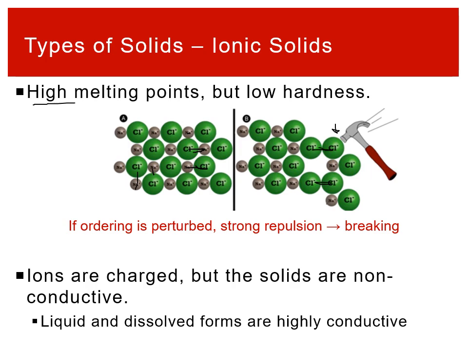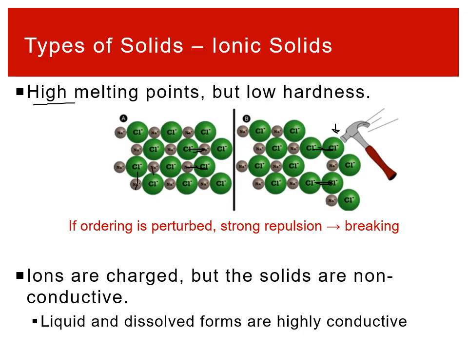That is repulsive, right? All of a sudden, the solid, instead of being held together, is being pushed apart. And so ionic compounds have low hardness, so it's relatively easy to break a piece of salt. It's hard to melt it, but you can break it up into little bits. It's very crumbly. It's very easy to break it with your hands.